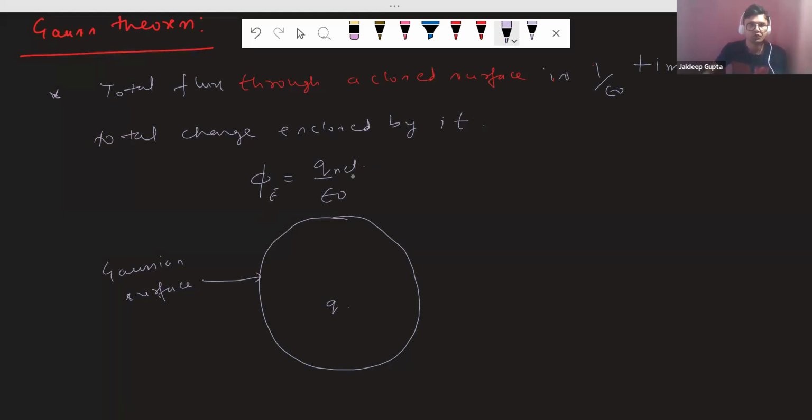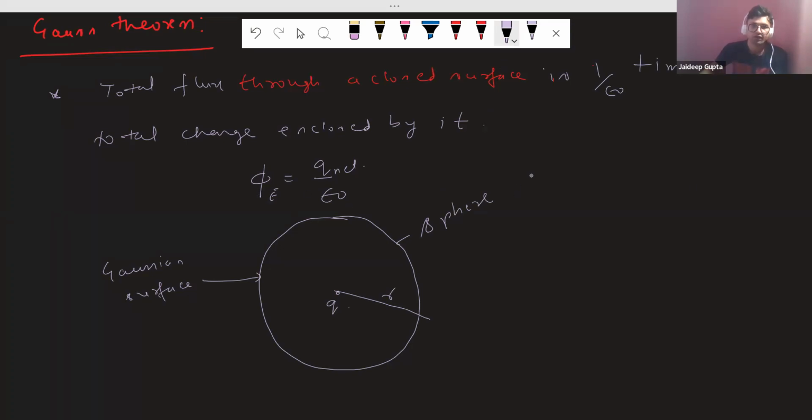So phi equals Q over epsilon. Let it be a charge enclosed by a Gaussian surface, a sphere. A Gaussian surface must be symmetrical, having radius r. If we calculate the total flux through this surface, it would be Q over epsilon. Fine.